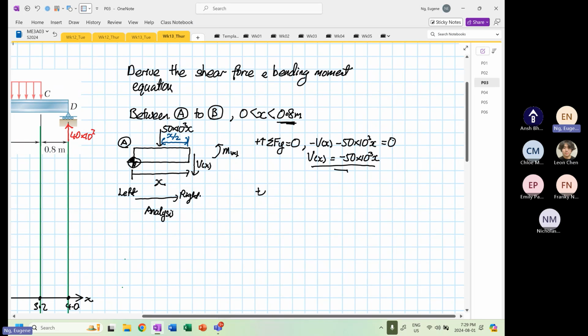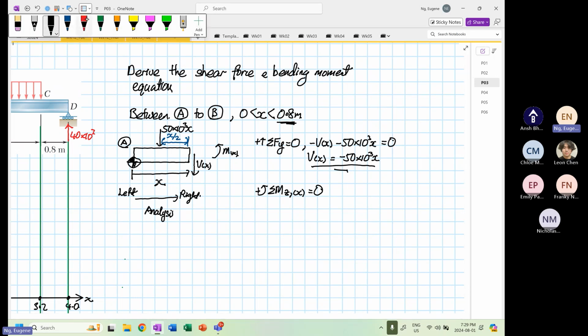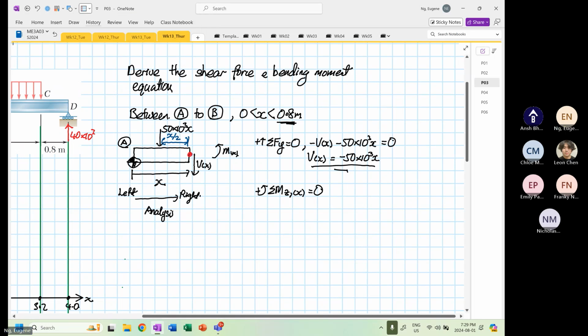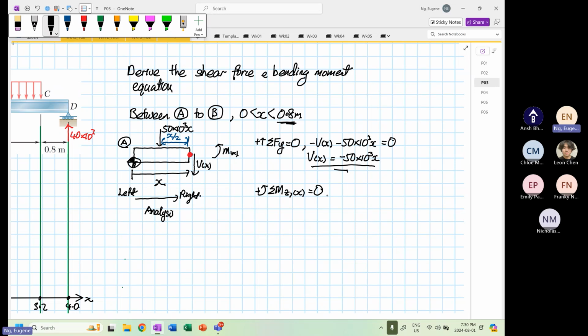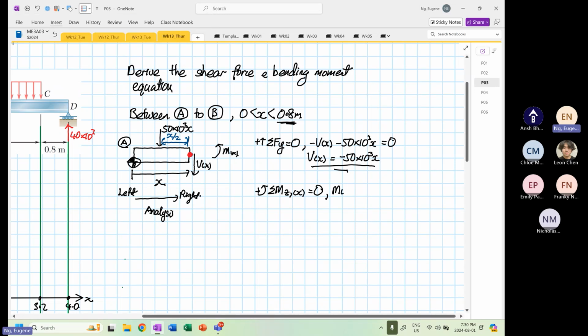Okay, so bending moment, summation of moment z at point x is equal to 0 over here. So what I'm doing now is I'm going to take moment at the red dot. We have M as a function of x going anti-clockwise positive, and then the 50 is also going anti-clockwise relative to the red dot.